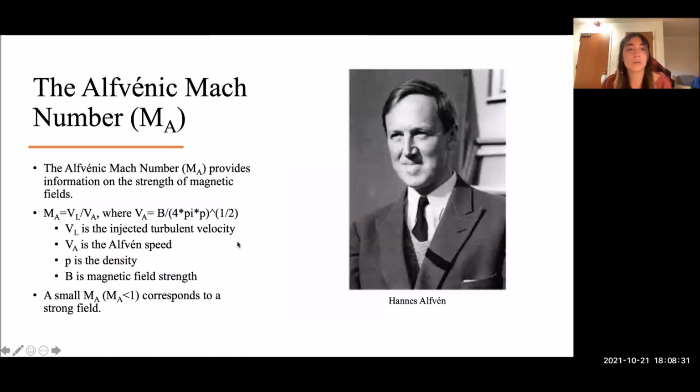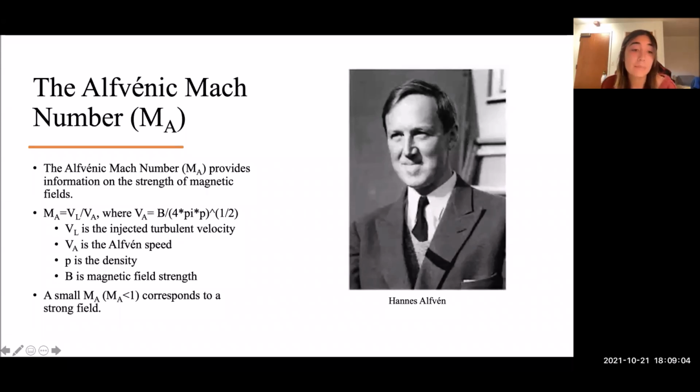Now on to something called the Alfvénic Mach Number. The Alfvénic Mach Number, or MA, provides information on the strength of the magnetic field. It is described as the injected turbulent velocity, VL, divided by the Alfvén speed, where VA is equal to B, the magnetic field strength, divided by the square root of 4 times pi times rho, where rho is our density.